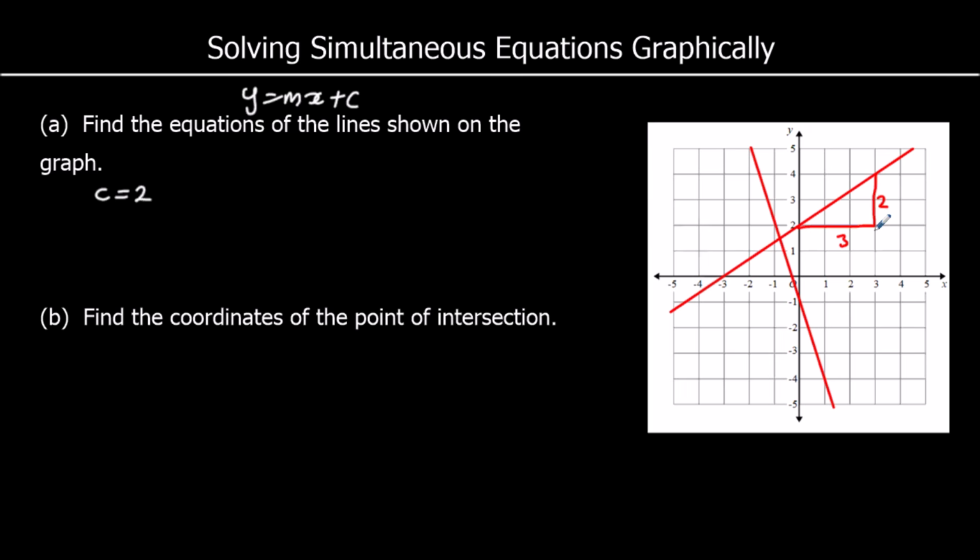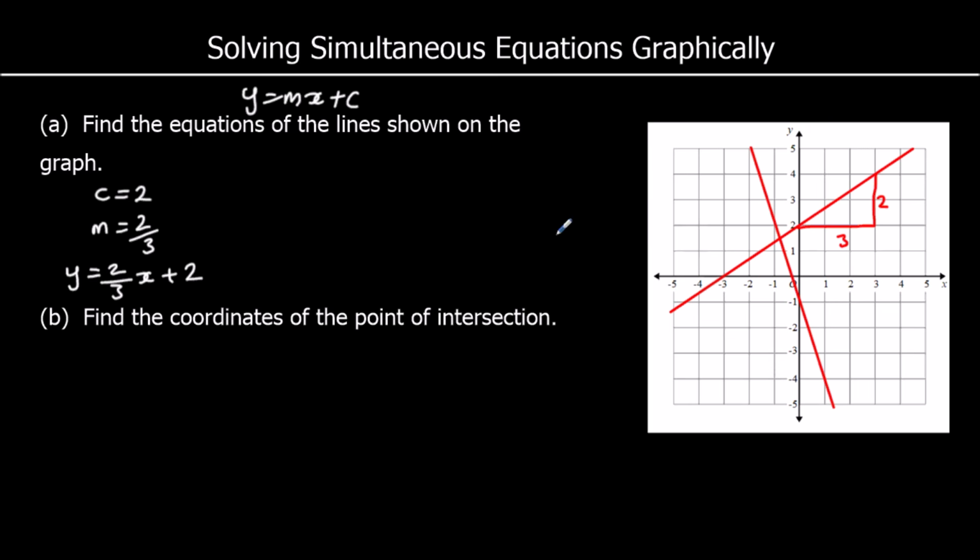The gradient is the change in the y over the change in the x, which is 2/3. So for every one it goes across, it goes up by 2/3. So that line has an equation of y equals 2/3 x plus 2.